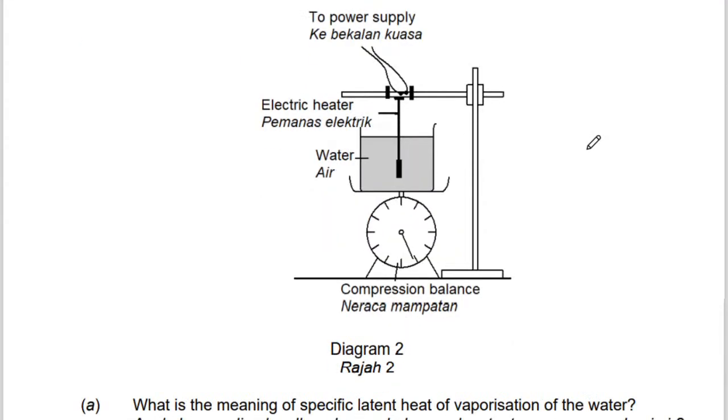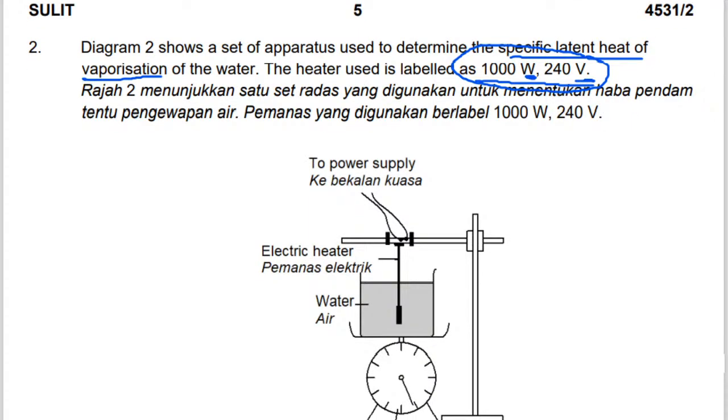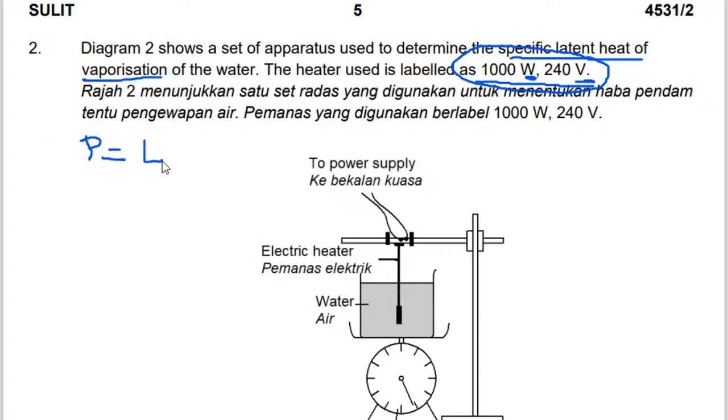Semua ada keyword. Now, when you want to define that, it's like this. So this 1000 watt. What is actually the unit for power? I'm telling you that watt, W, is the unit for power. Power, P, equals energy over time.